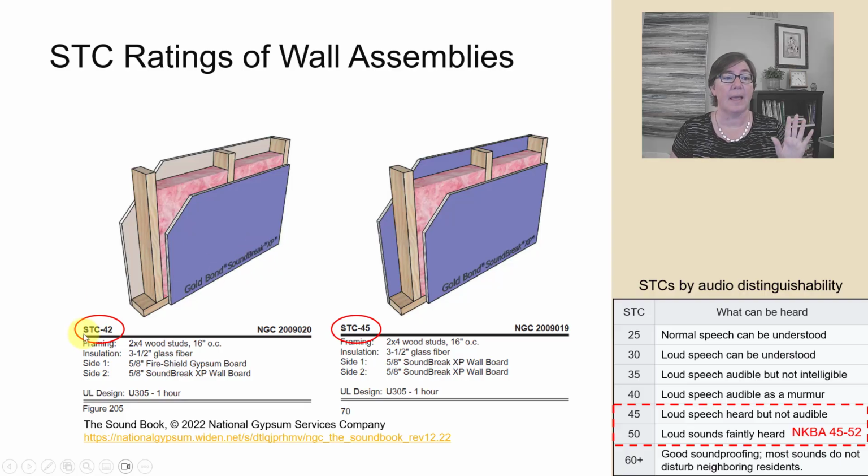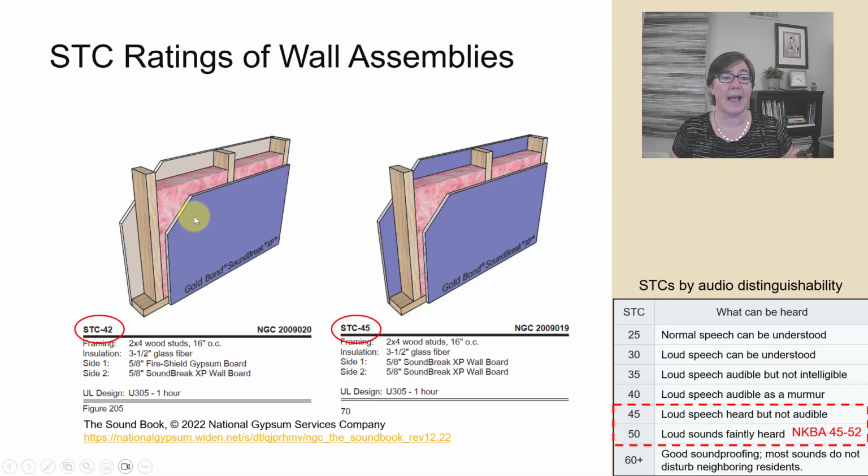Immediately you notice that there's a fairly large jump up to an STC 42. Notice this is close but not quite at that NKBA recommendation. Honestly, the human ear can't really tell the difference between 42 and 45, so you're probably good on this one.